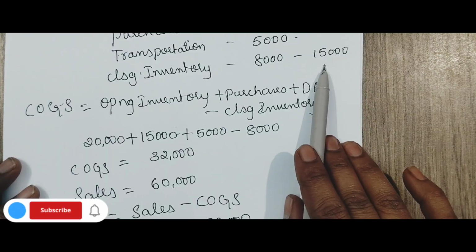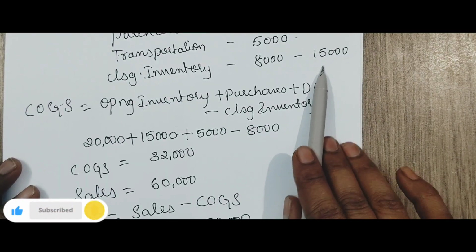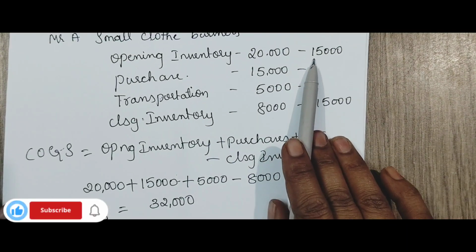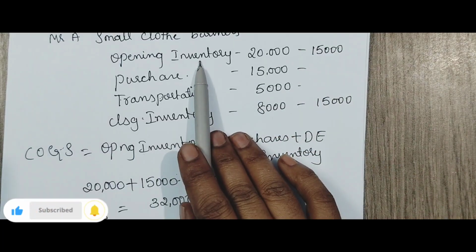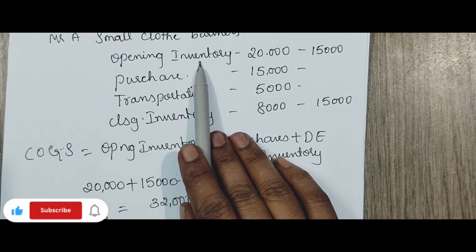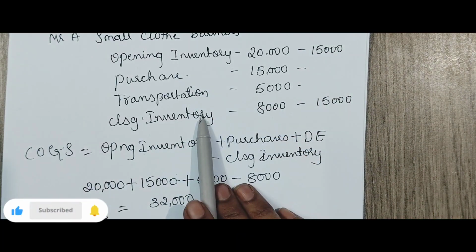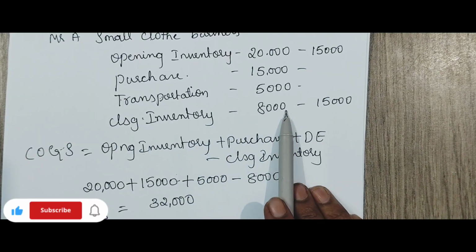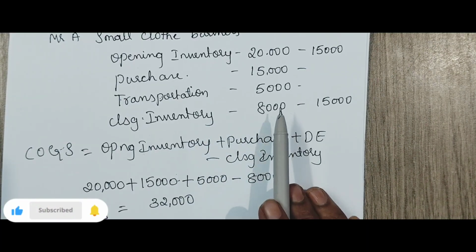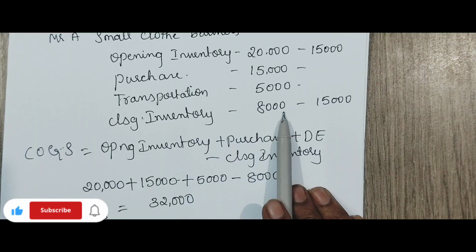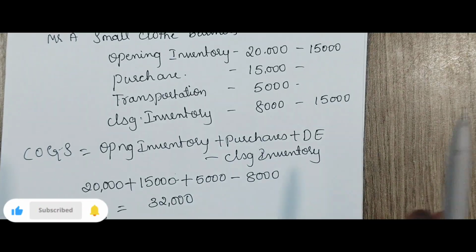The opening inventory increases the COGS. The closing inventory decreases the COGS. That is why this has a positive relationship with the profit.